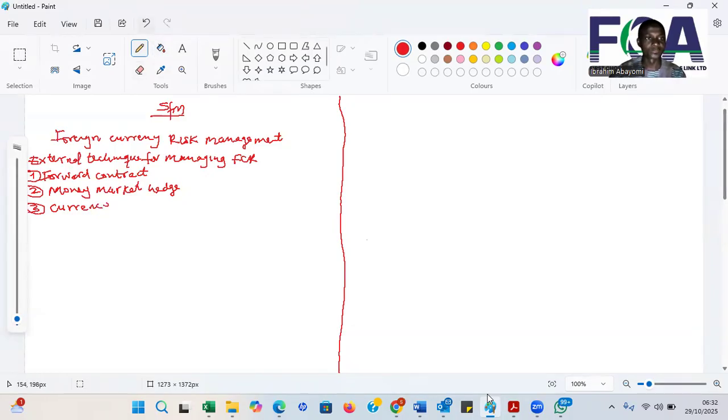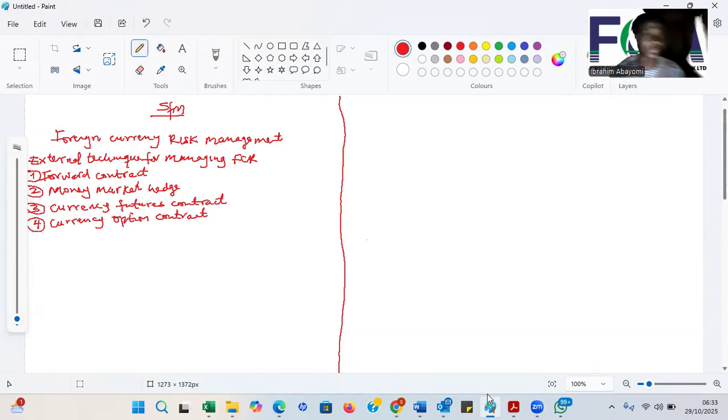Four, currency options, option contract. So these are the four techniques we're going to be looking at.